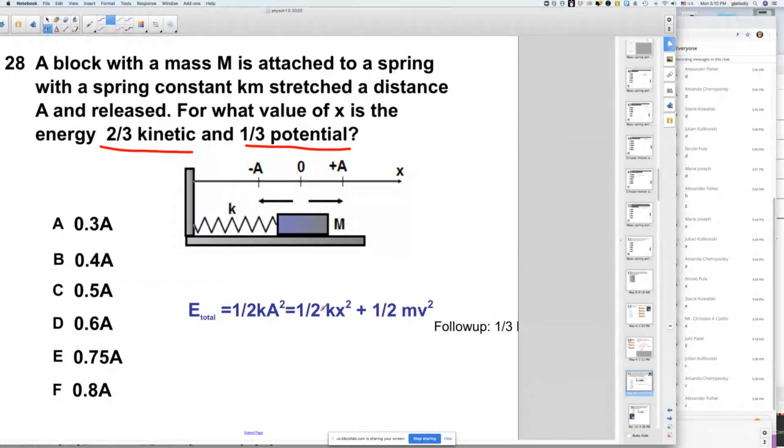Again, this is the equation here. This is the total energy. And you want to know for what value of x is this equal to 1/3 of that.